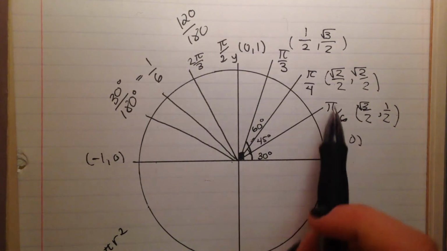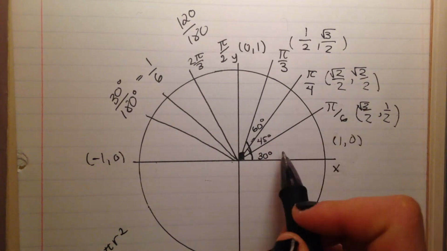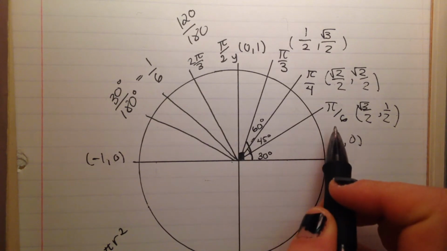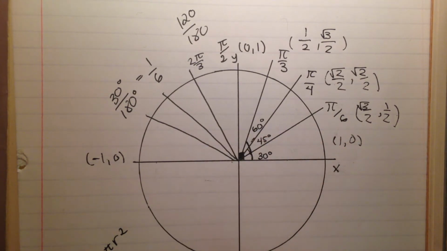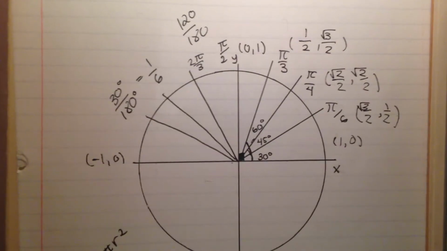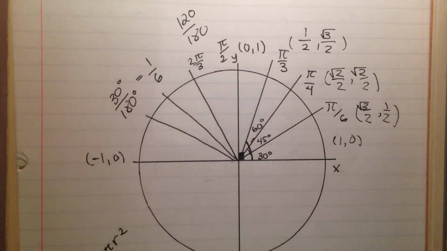And same thing if you plugged in sine of pi over 6, you would get a half, and so on. It really comes in handy when you're doing integrals, derivatives, sometimes evaluating things at certain points, really all along the way in all your math classes.